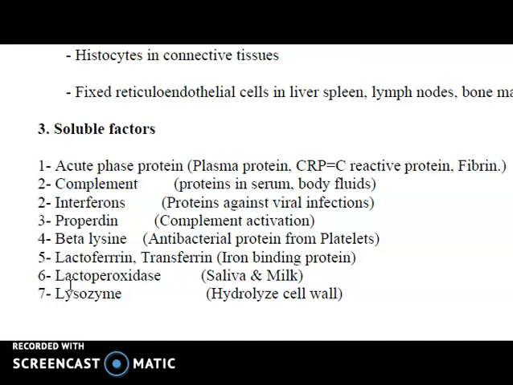Then cytokines, examples are interleukin 1, 6, 8, etc. They are released by the macrophages upon activation by bacterial stimulation, and in the liver they rapidly produce the acute phase proteins. So these all are the components of the innate immunity.